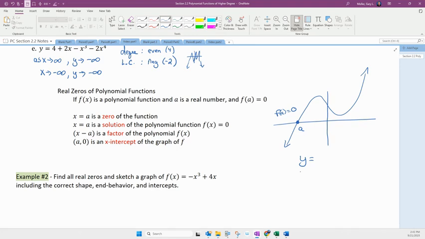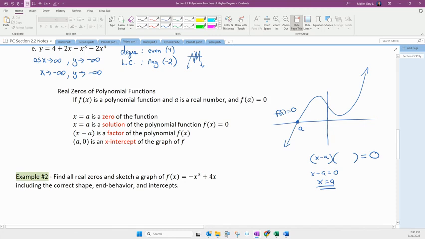But we also know that x minus a is a factor, because think about how we solve quadratics. If we factored our quadratic function into two different factors, and one of those factors happened to be x minus a, then we would set x minus a equal to 0, and I'd get x equals a is a 0.